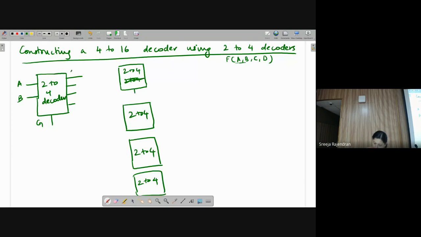If this is 1, I cannot directly connect it to G. I'm saying the normal case, so I have to give an inverter after each output, is it not? If I want to activate these modules, these are going to be used to activate them.